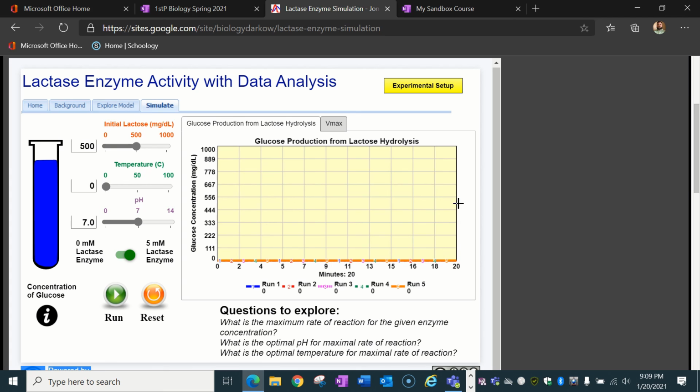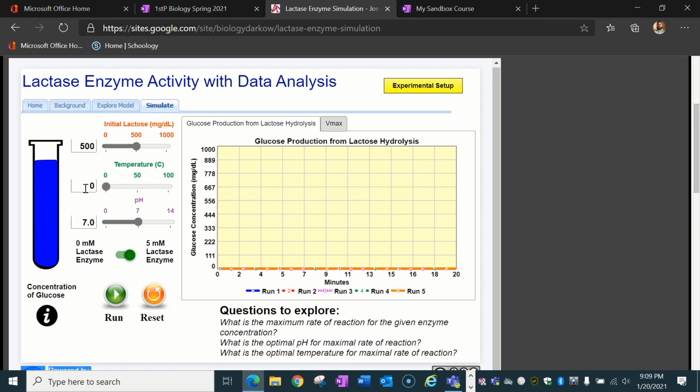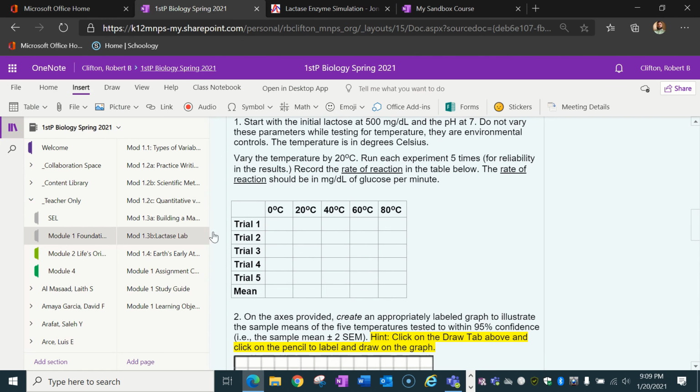You can just slide over your value, and it gives you the values down here underneath the chart. And you do the same. Then you'll increase to 20, but you can calculate the rate of change for 0, put that in, and then find the mean. Now, the mean is another way of saying average.